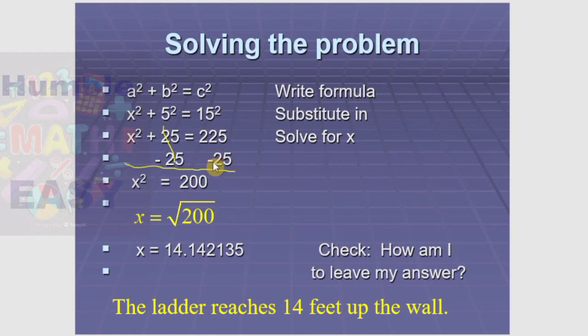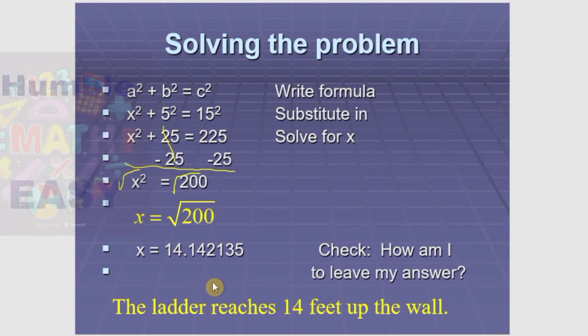Now 225 added to negative 25 gives us 200. Then to get the value of x, take the square root of both sides. So x is the square root of 200, or approximately 14.14.